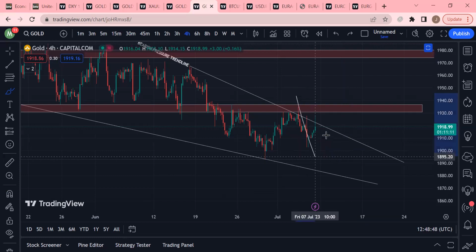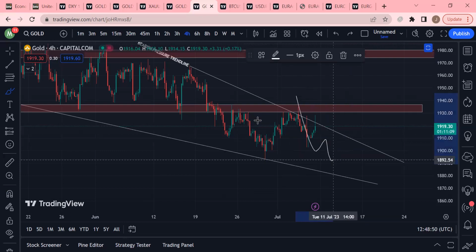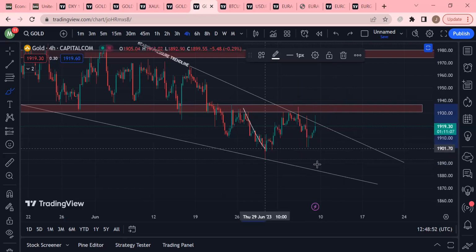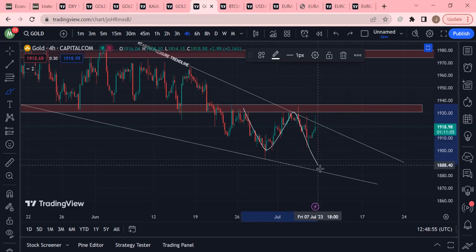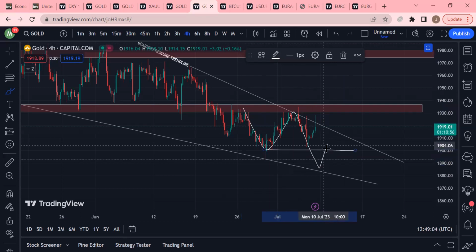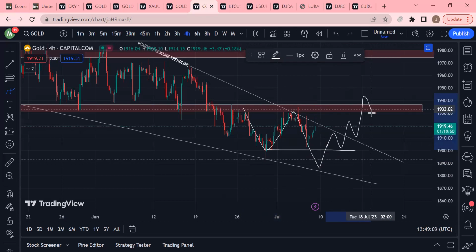This is what it has done right now: a fake out to the downside to 1880. Are you getting it? Then it finds a way to recover these levels, then we test and continue breaking and reclaim 1940, and take us all the way up.